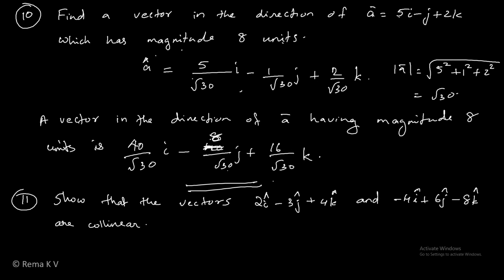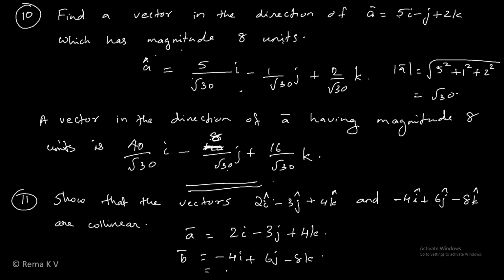So here, let us write this as A. A is equal to 2i minus 3j plus 4k. Then B equals minus 4i plus 6j minus 8k.